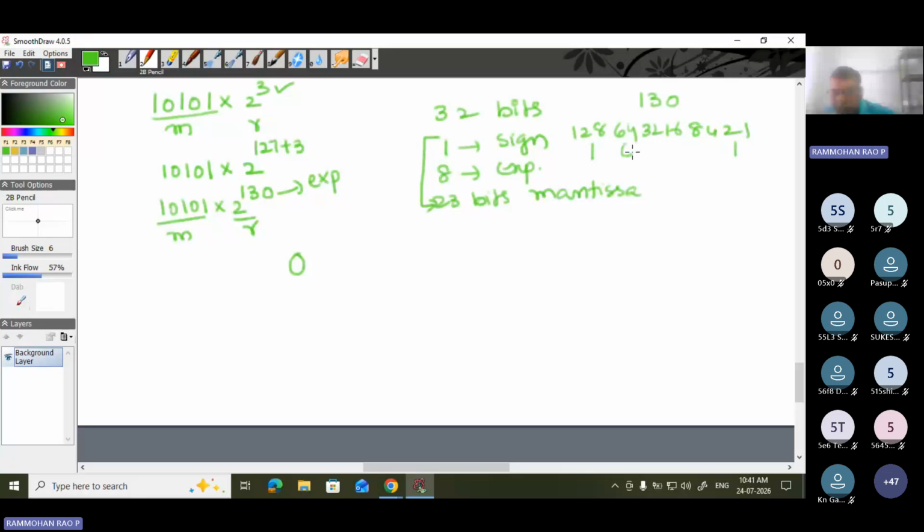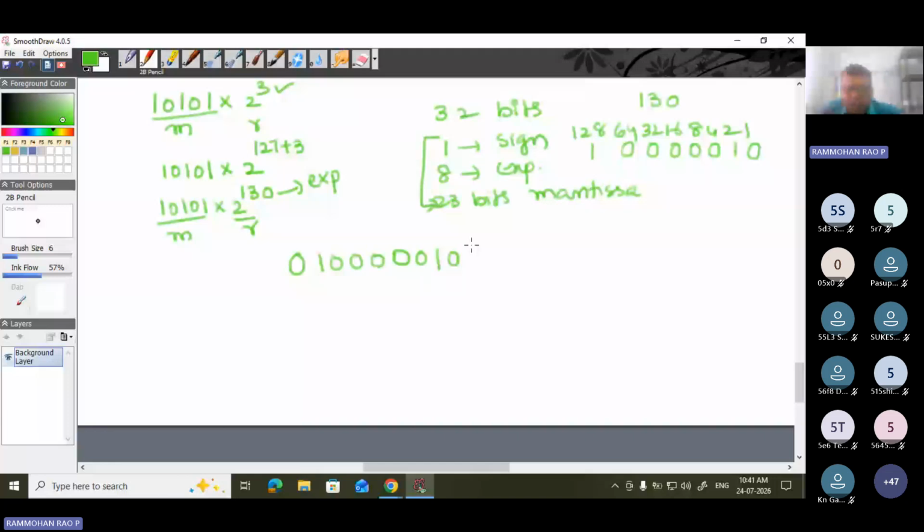So 1 followed by 5 zeros followed by 1 0. Total it's an 8-bit number. So that 8-bit exponent I am writing: 1 0 0 0 0 0 1 0. Five zeros, then 1 0. So friends, this is the exponent.